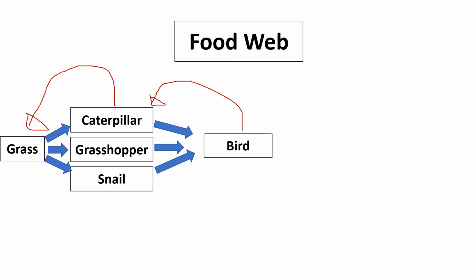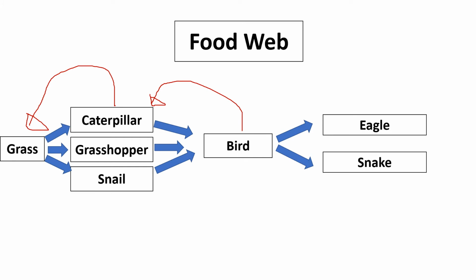And then think of an animal or animals that can eat the bird. Do you have any idea? Example is eagle and snake. A snake can eat the bird and the eagle can eat the bird.